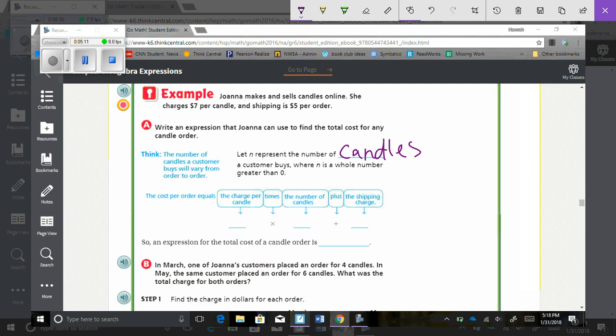Now we're going to think the cost per order equals the charge per candle, so that is $7, times the number of candles purchased. Well, it's different for me than you, so that's where we let N represent that. So 7 times N plus the shipping charge, which is $5 for every order. So an expression for the total cost of a candle order is just going to be 7N plus 5.